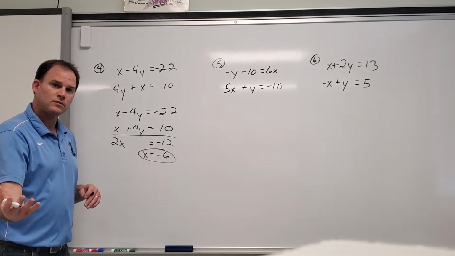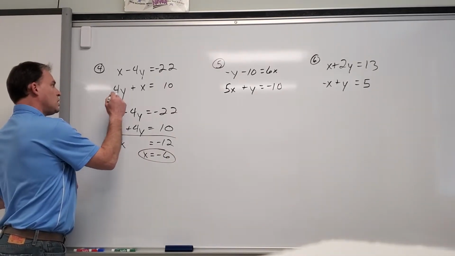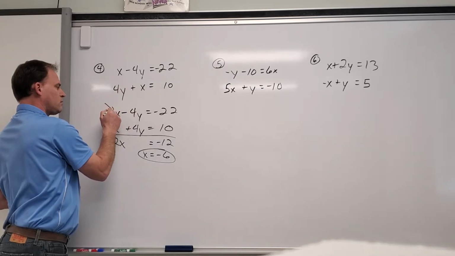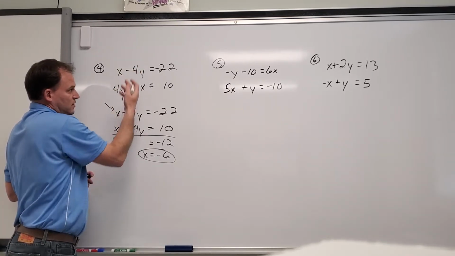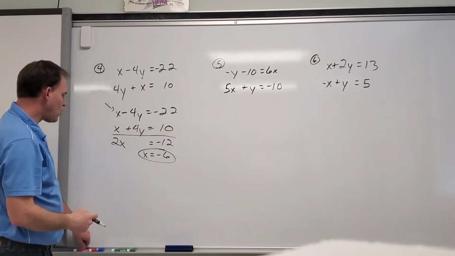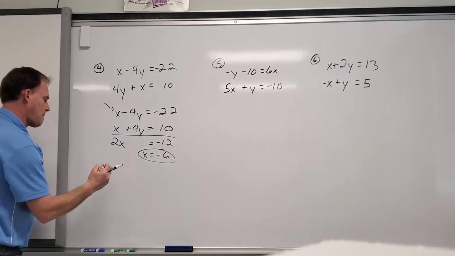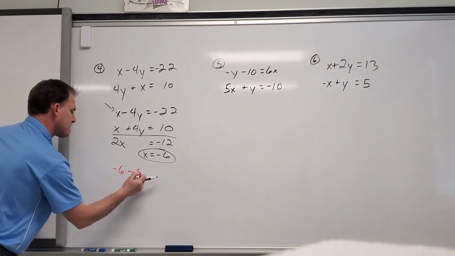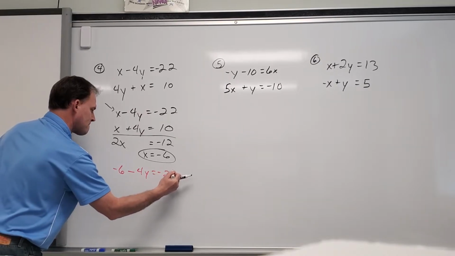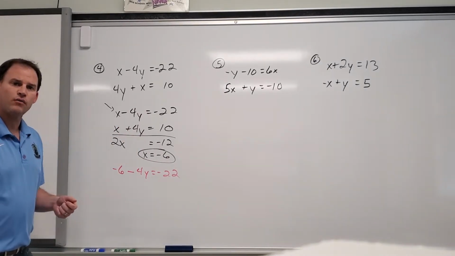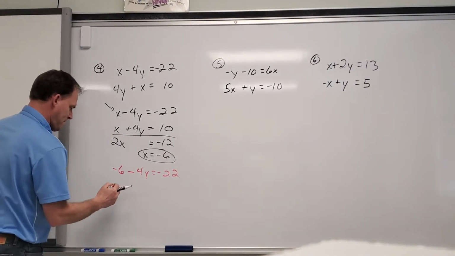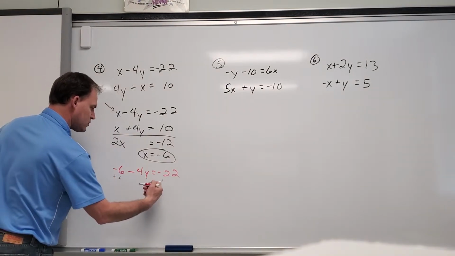What do I do with this? I would go here. Don't go all the way back to the beginning. You could. It's the same problem. So I take that negative 6. Get y by itself. What's the first step? Add 6 to both sides.